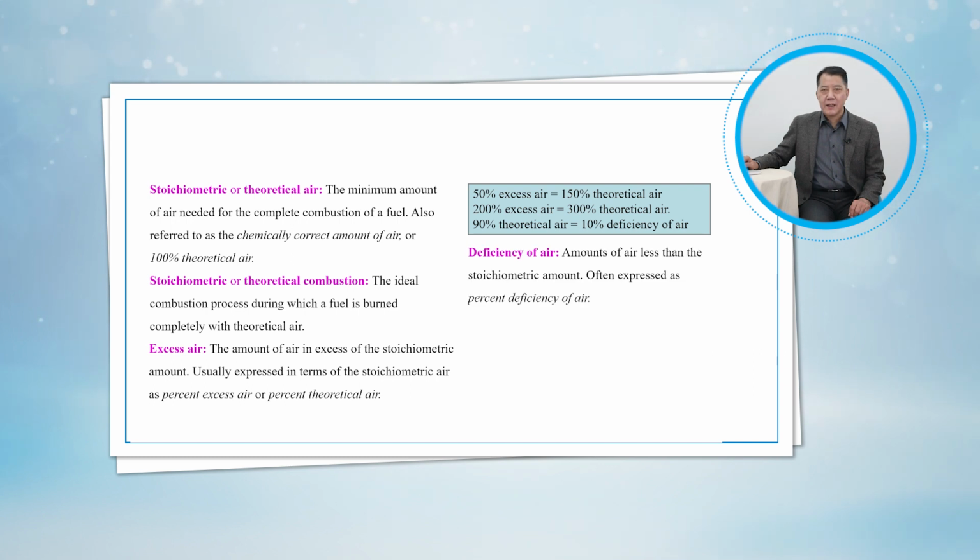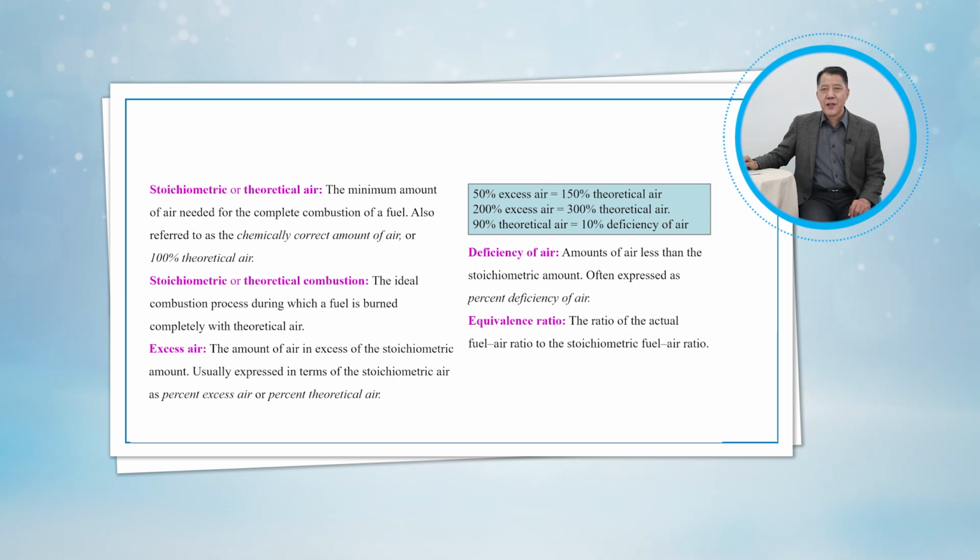Amounts of air less than the stoichiometric amount are called deficiency of air and are often expressed as percent deficiency of air. For example, 90% theoretical air is equivalent to 10% deficiency of air.